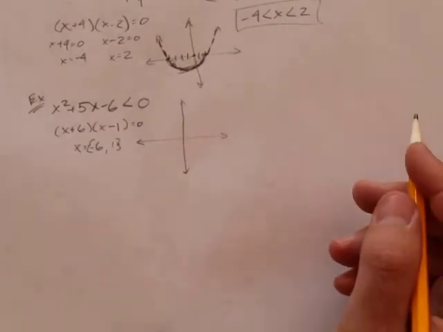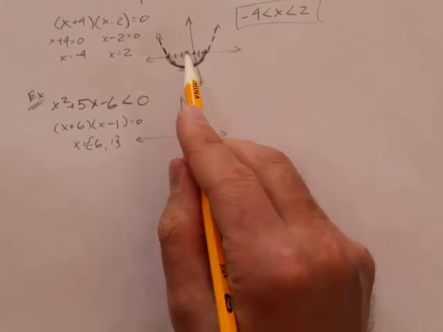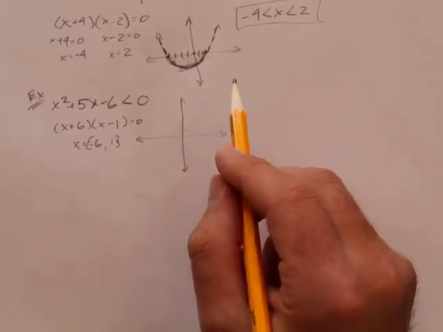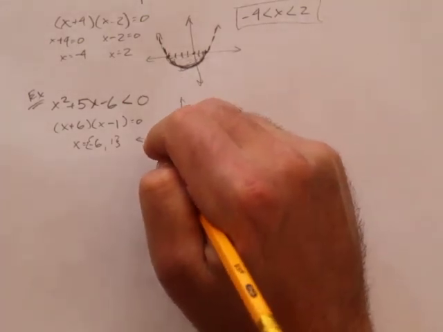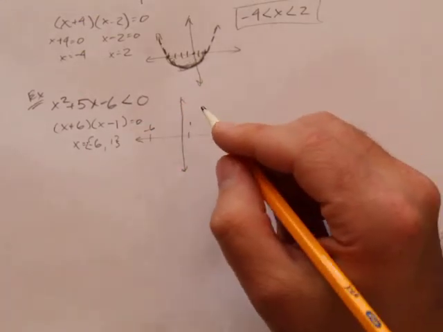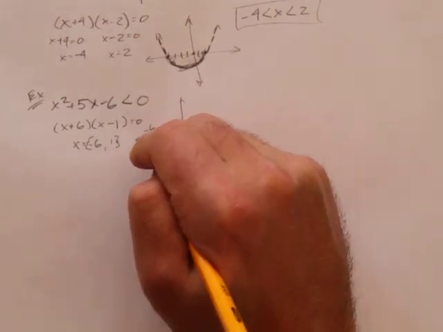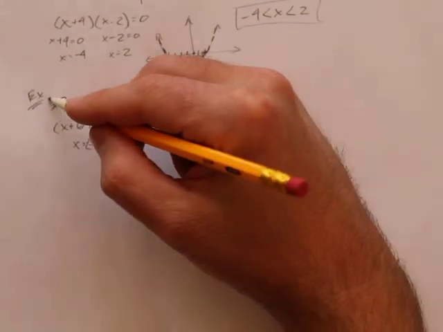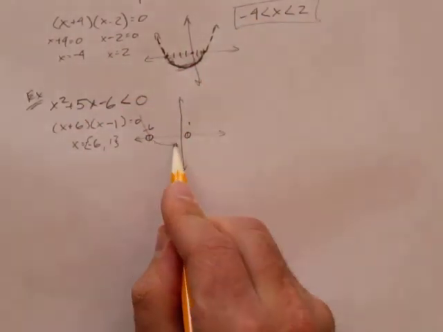So I personally like to draw my parabola. You don't have to, but it is very helpful to see where on the line we're talking about that needs to be shaded or not shaded. So let's go ahead and do that. 1 and negative 6. Now, this is not "or equals to," so 1 and negative 6 are not included. And this opens up, the a value is positive, so my parabola is going to open up like this.